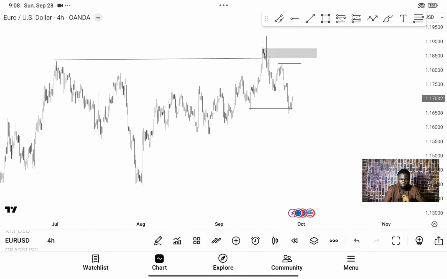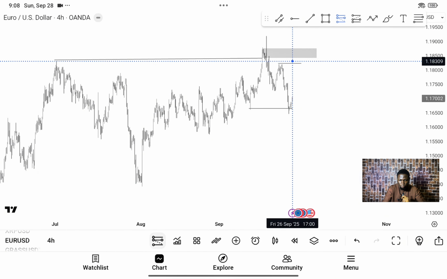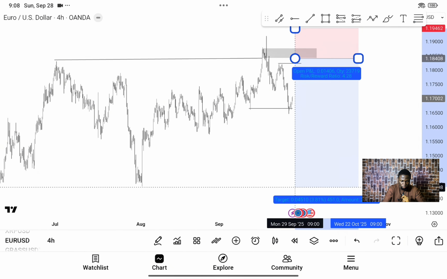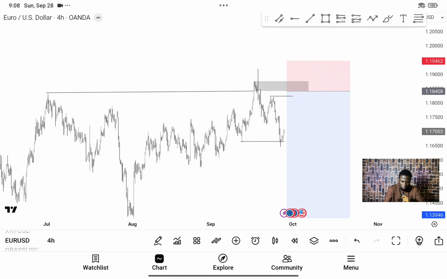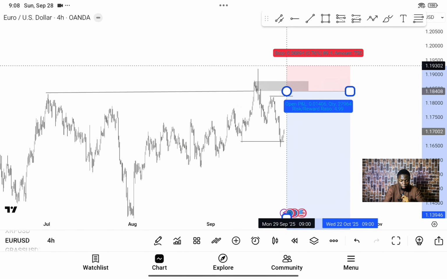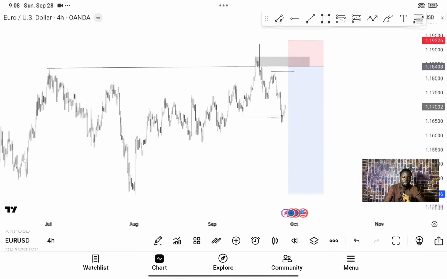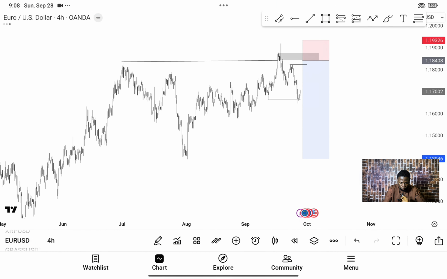So what I'm hoping for is for EURUSD to go up there and touch that zone before I start looking for a sell entry to this side, and my SL above that high there. So this is exactly what I'm looking at on EURUSD.